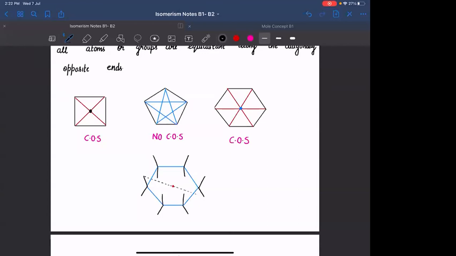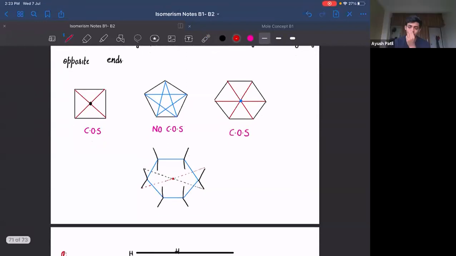So from this group to the center, and from the opposite group to the center, both the distances will be the same. They are equidistant along the diagonally opposite ends. Is that clear? Okay, similarly from here to here, whatever distance there is, that distance will be exactly equal to the distance between these two. Clear?